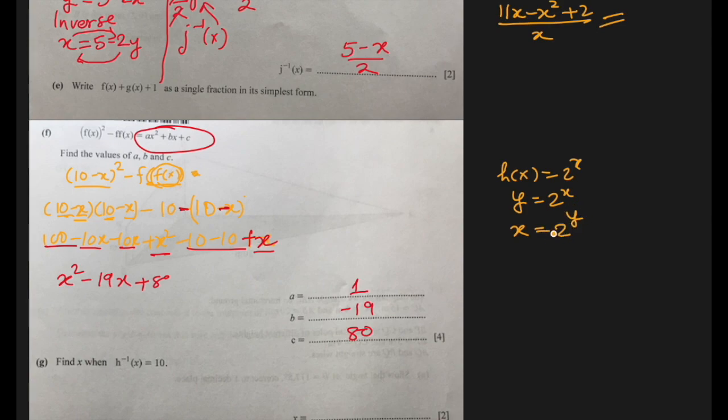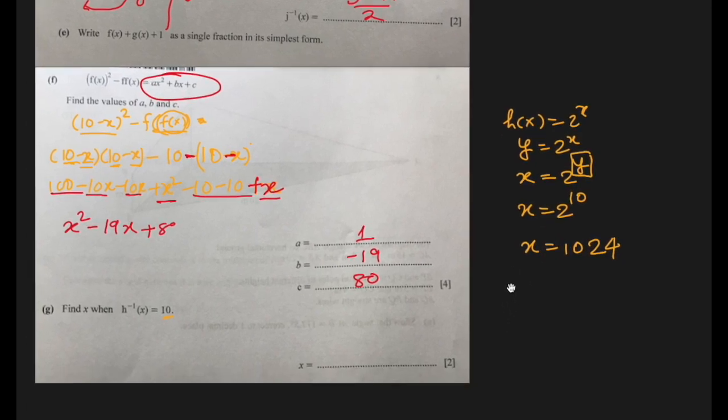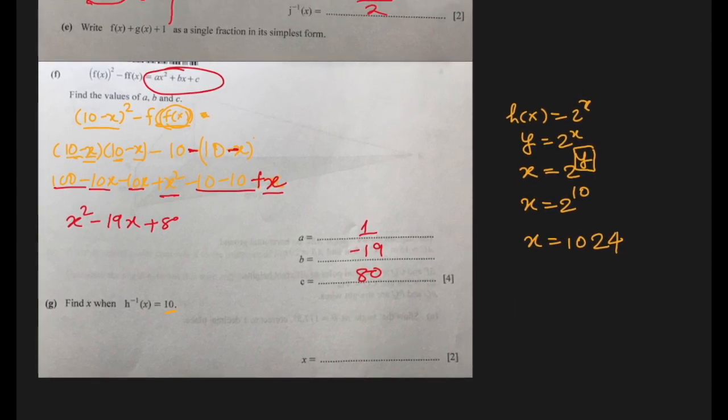That becomes the inverse. But why should I bother? Let's put it like this: h inverse of x is 10. Because this is the inverse, let's write x equal to 2 to the power 10. So x is 2 to the power 10, which is 1024. There is no need to use logs or anything which is not part of extended math. So 1024.